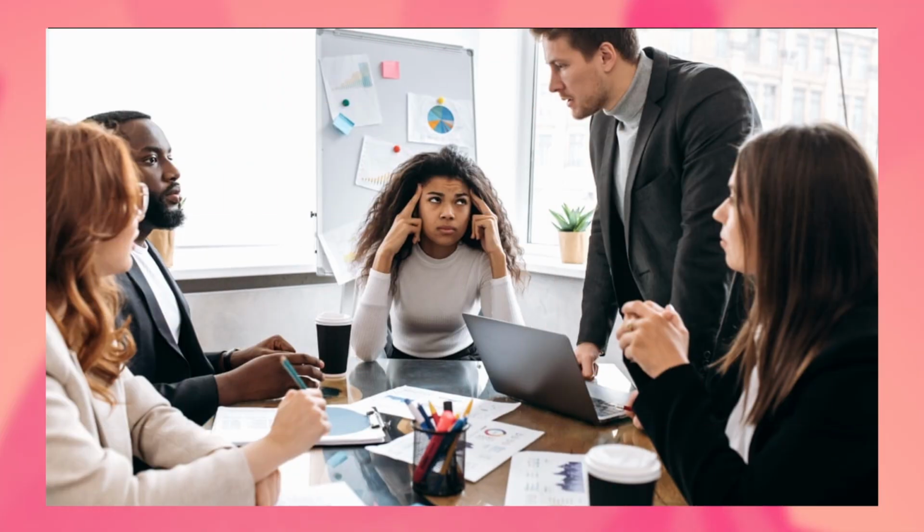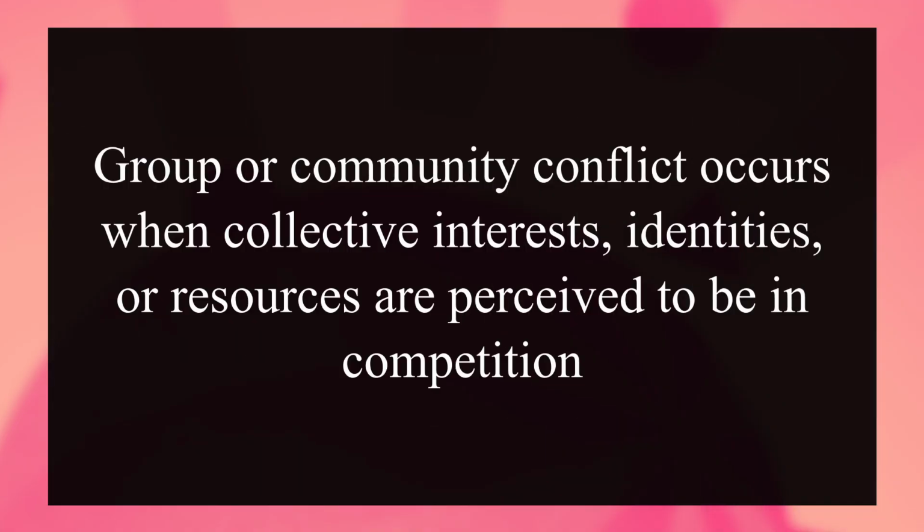Interpersonal conflict takes place between individuals and is often shaped by personality differences, emotional reactions, communication styles, and personal values. Group or community conflict occurs when collective interests, identities, or resources are perceived to be in competition.